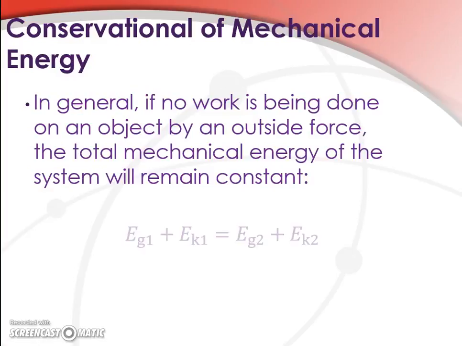And we can put this in mathematical form, and this will be useful for later. At time 1, our gravitational potential energy plus our kinetic energy is equal to the gravitational potential energy plus the kinetic energy at time 2. And that applies for time 3, time 4, time 5, as long as we don't do work on the system.